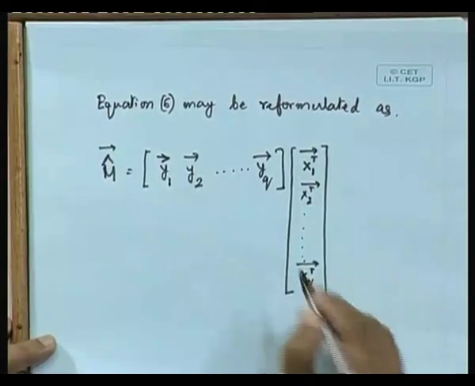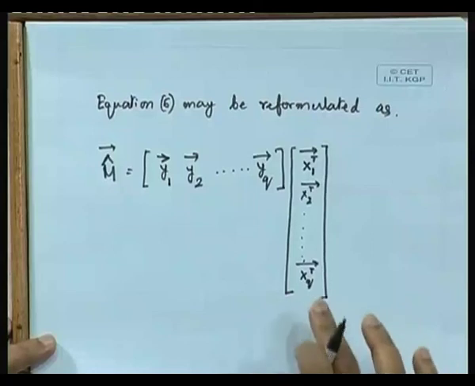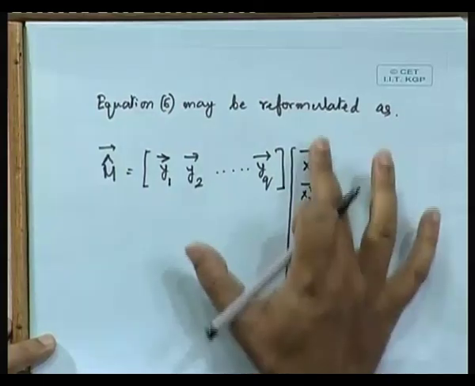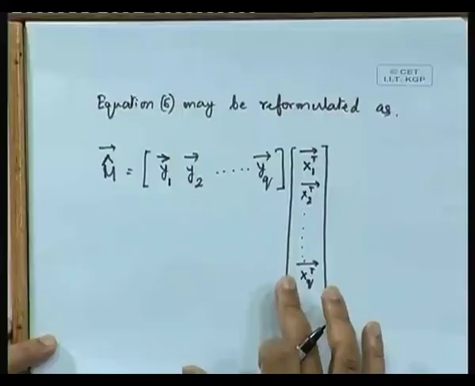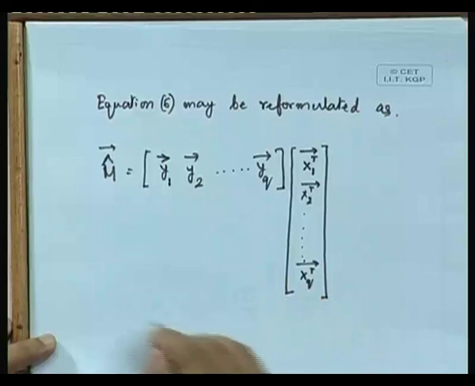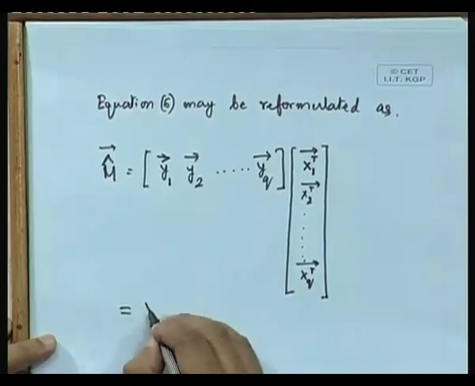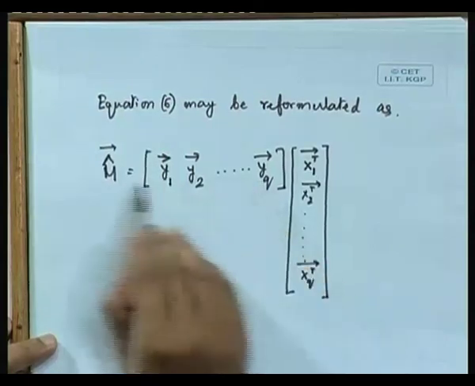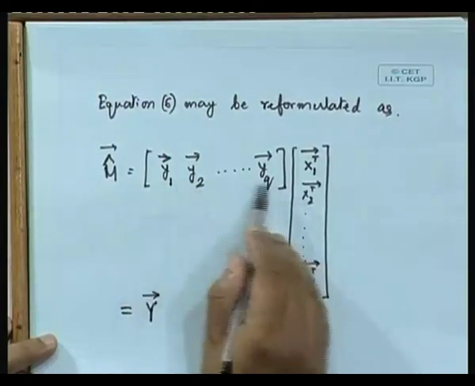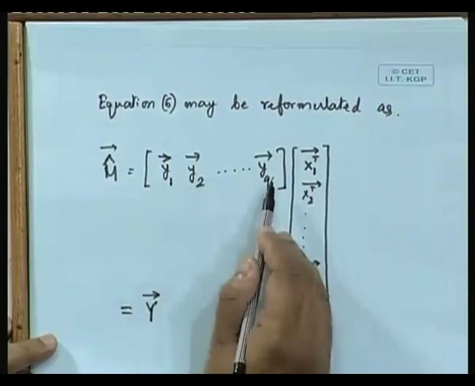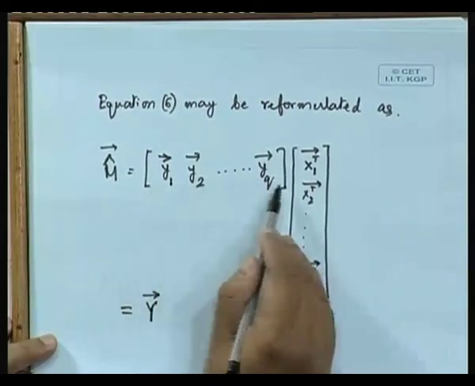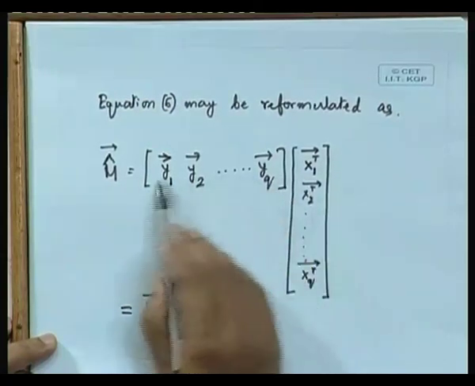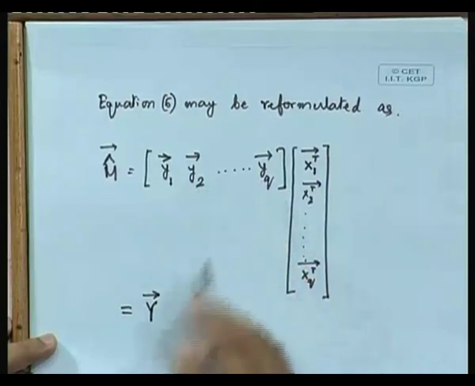This we are going to represent in the form of a column vector, I mean arranging all these vectors into another column vector. So, these in effect can be written as Y vector, where the elements of this capital Y vector are all these individual pattern vectors, okay.